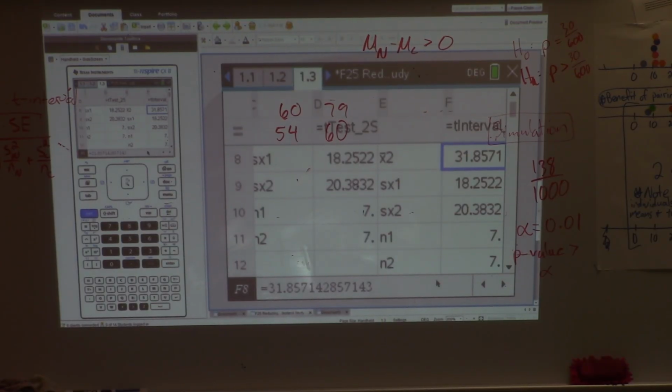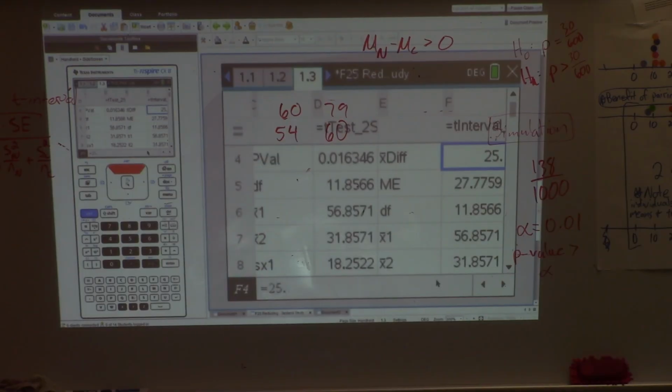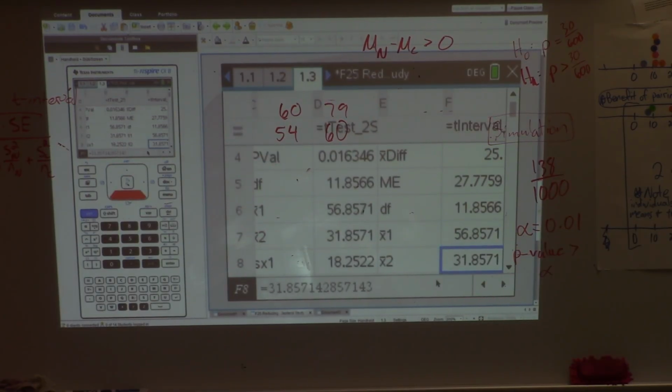All right, notice there's all my fun stuff. So I will say this, with them giving you this margin of error, if you wanted to, I bet the AP exam would be okay if you just put margin of error in the place of t star times the square root of all that stuff. But don't quote me on that, so I would just go ahead and write all that out.